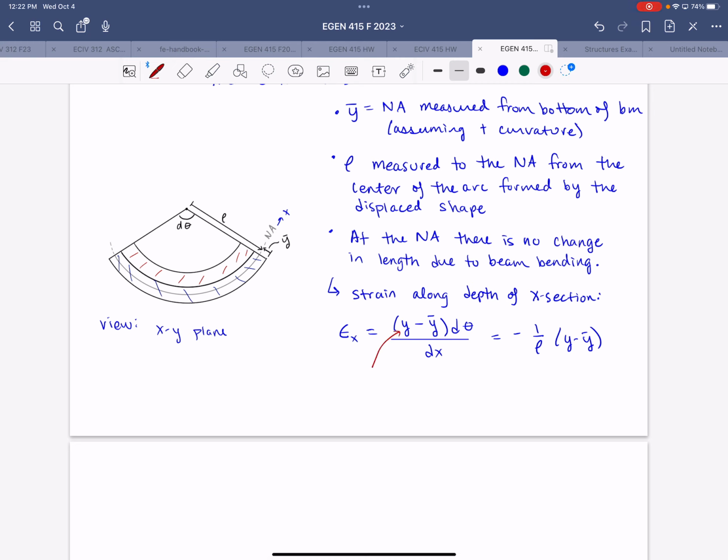All right, so this y is the variable distance to the neutral axis, measured from the bottom for now. Let's see. No, I mixed that up. So y is the variable distance measured from the neutral axis to the point where we're evaluating strain.